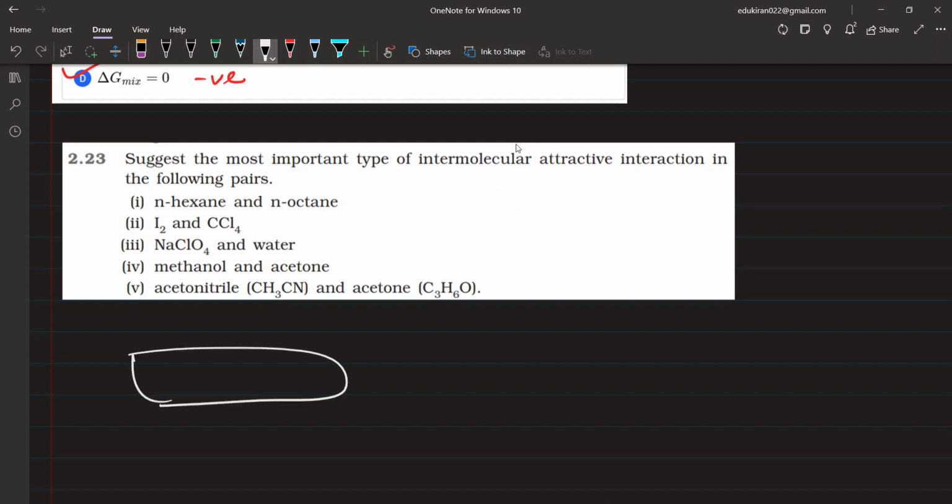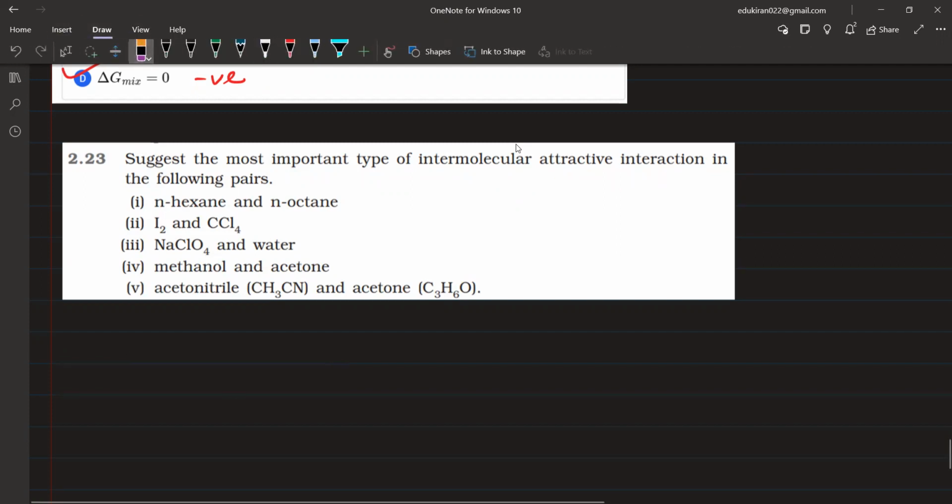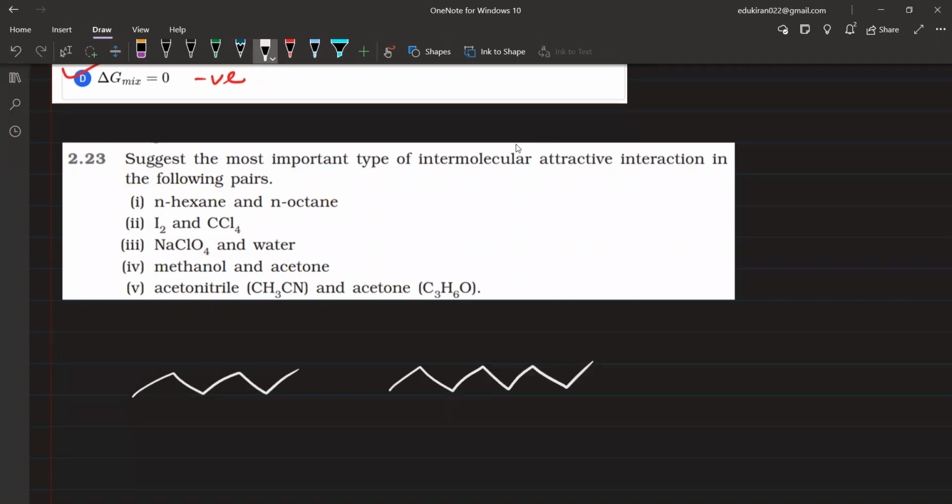this is, let us suppose you have हेक्सेन का केस ले लेते हैं 1 2 3 4 5 6, ऑक्टेन 1 2 3 4 5 6 7 8, सो बोथ ऑफ देम आर व्हाट, दोनों के ऊपर कुछ इलेक्ट्रॉन डेंसिटी इस तरह से होगी, राइट?